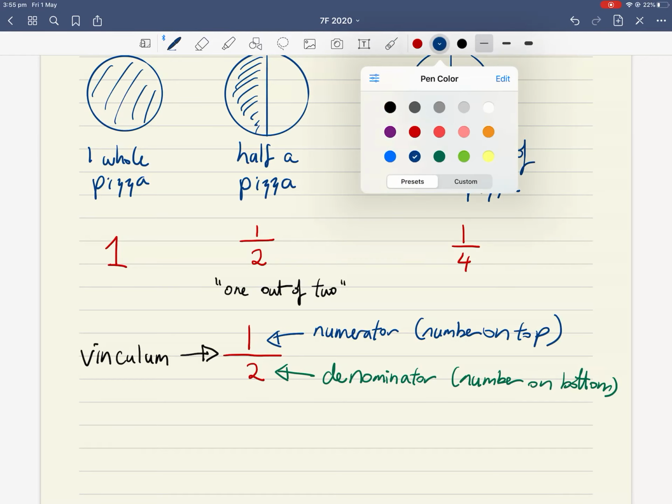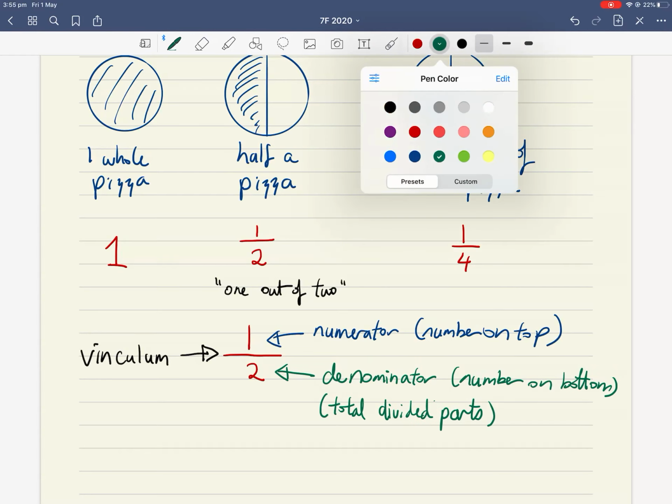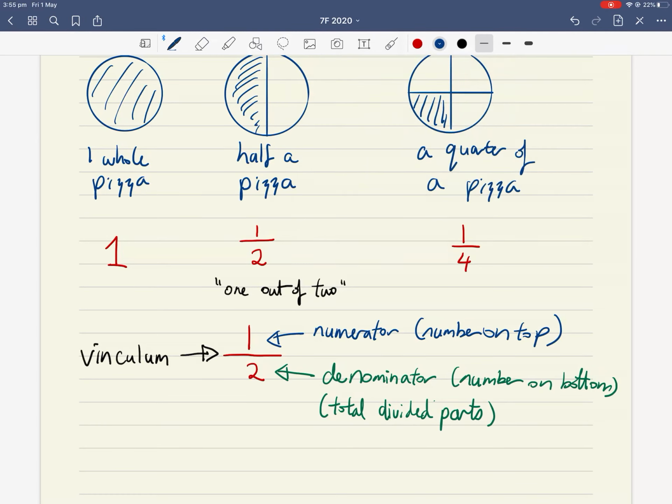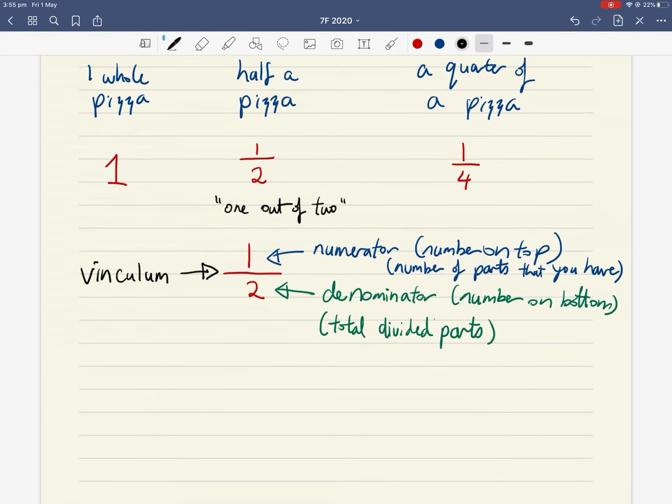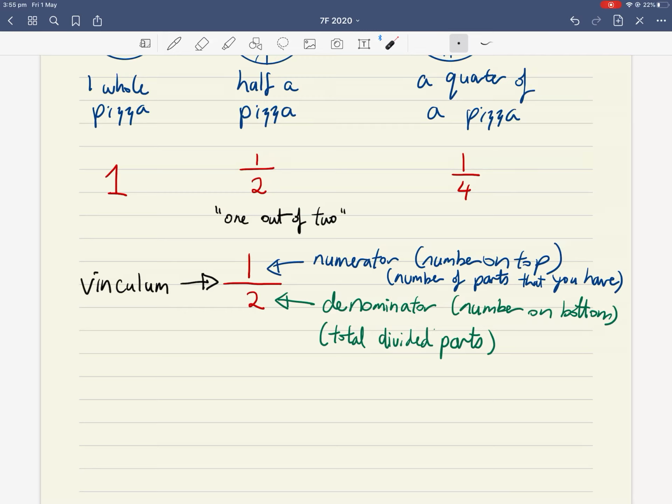So the denominator was the total divided parts, whereas the numerator is how many parts you actually have. And the vinculum is really talking about divided into, because it's one piece into two, or one out of the two pieces. So vinculum is more talking about divided into.